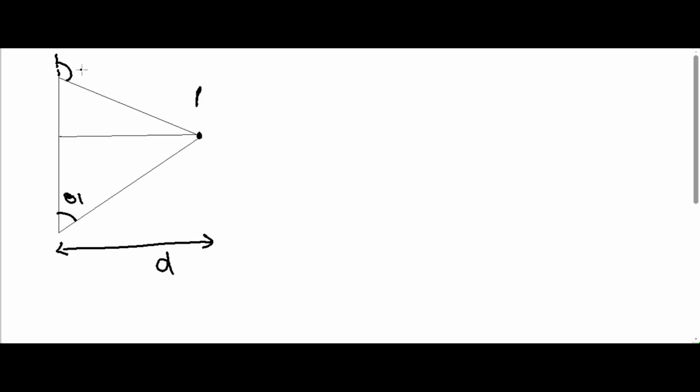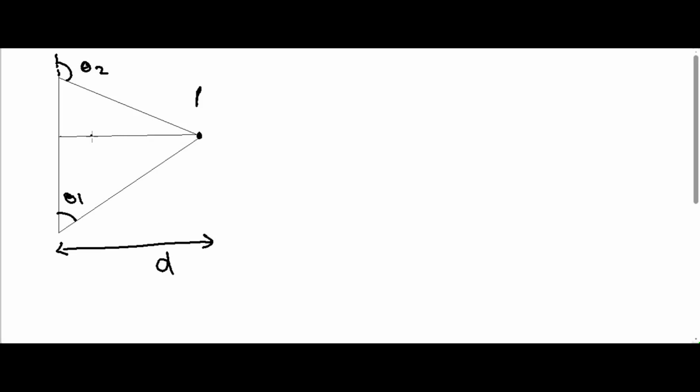So this distance is d at this point P, a perpendicular distance d, and in the general case, let me join the ends of the wire to this point. Suppose this side makes an angle of theta 1 and this side makes an angle of theta 2.